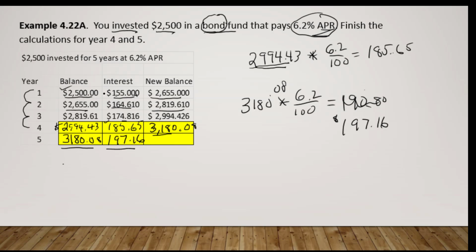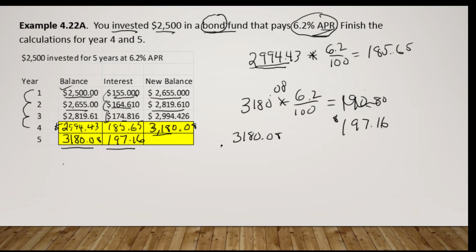Let's start at year 1. At first it's $155 in interest, then it goes up by like $9. Then it goes up by over $10 the next year. Then my interest goes up by almost $11. So it makes sense now it's going to go up by $12. It's not linear. It doesn't go up by the same amount every year because this is compounding the interest, which means that it is growing.